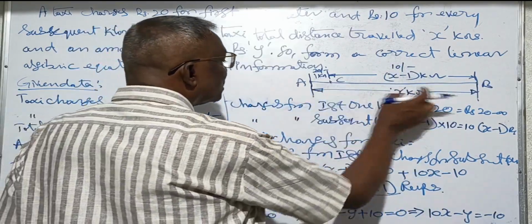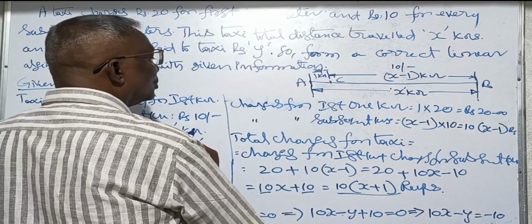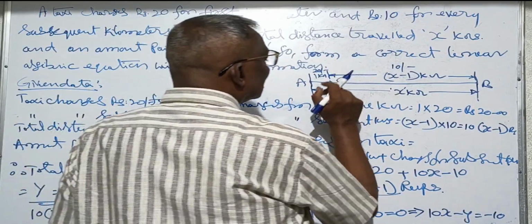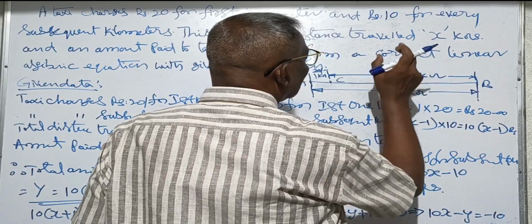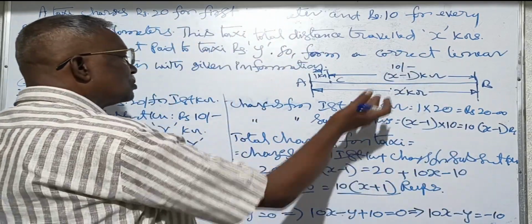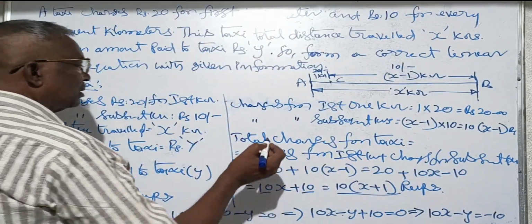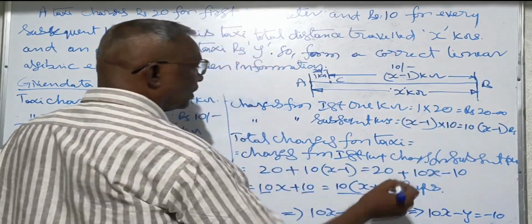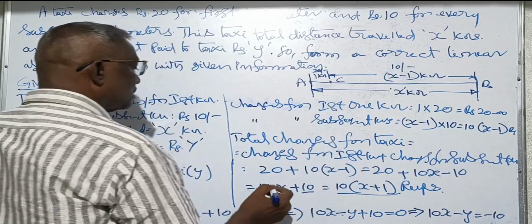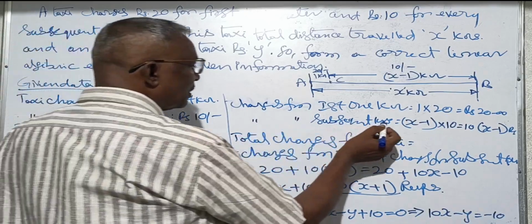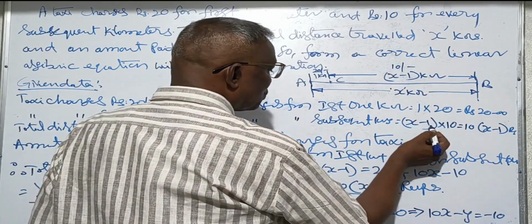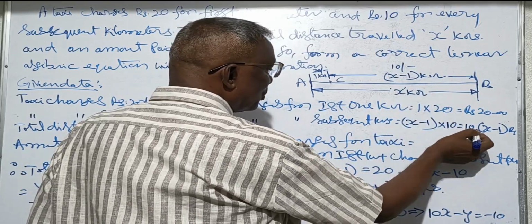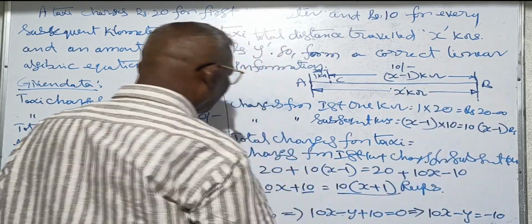The total charges paid to the taxi is the first kilometer 20 rupees plus subsequent kilometers into 10 rupees. Charges for the first kilometer is 1 into 20, 20 rupees. Charges for subsequent kilometers is x minus 1 into 10 rupees, that is 10 into x minus 1 rupees.